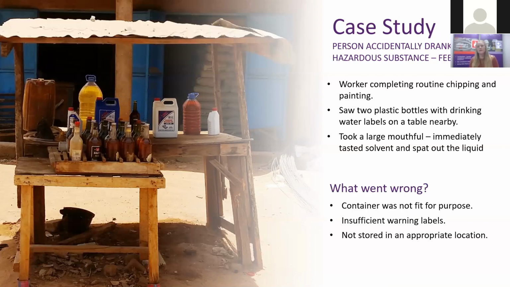For both of these cases, there was nothing hugely that was a consequence that followed because they noticed the problem straight away. But this isn't always the case. Some incidents have far more serious consequences.